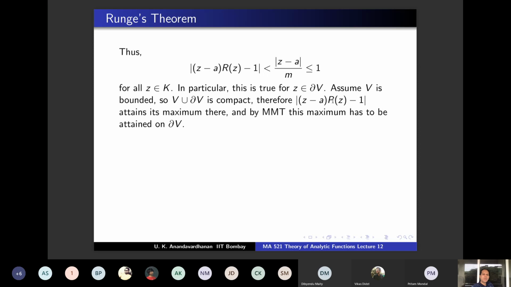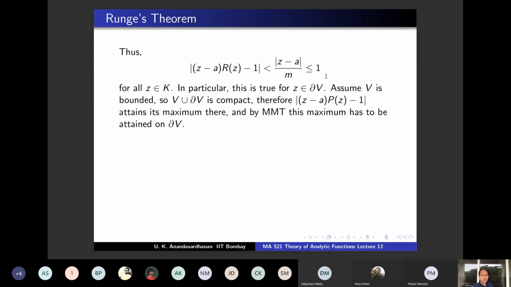It's not P here, it is R. This function (z minus a) times R(z) minus 1 attains the maximum on the boundary, and on the boundary it is less than or equal to 1. So the maximum on V union boundary of V is strictly less than 1.